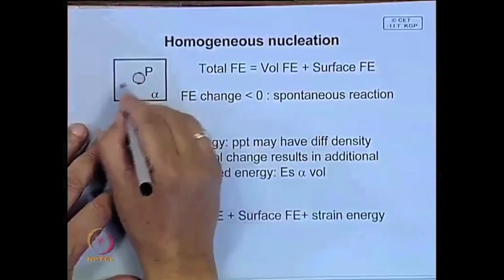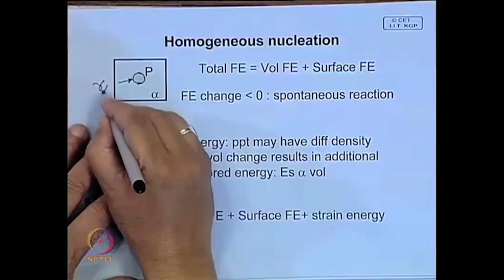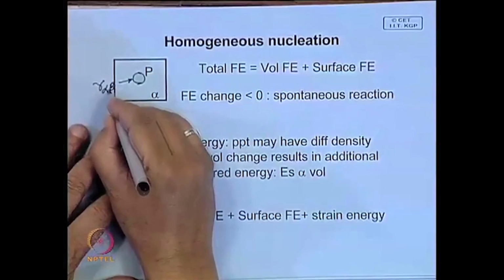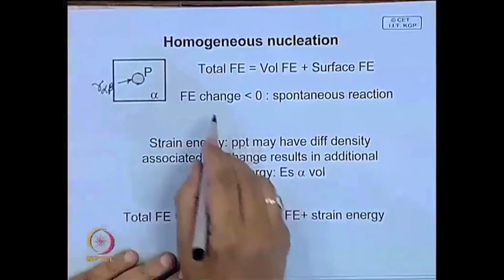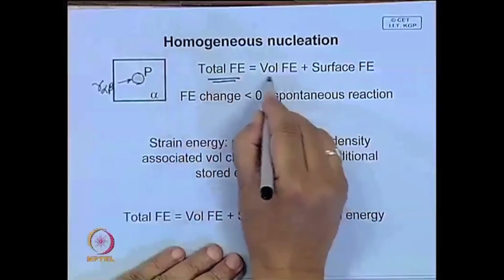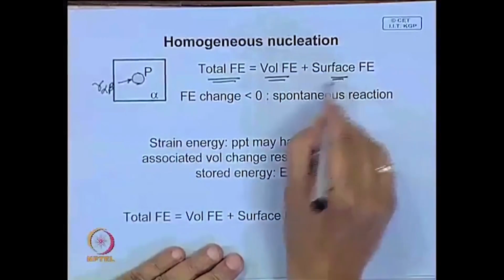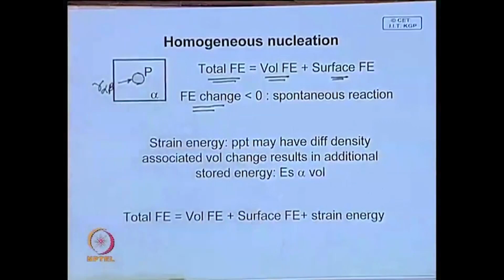The process of formation of a precipitate is creation of a new surface, and let us say alpha beta is the surface energy per unit surface. The total free energy change will be the sum of these two, and the process will be spontaneous only if this free energy change is negative.